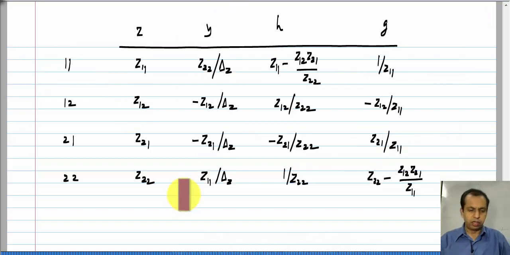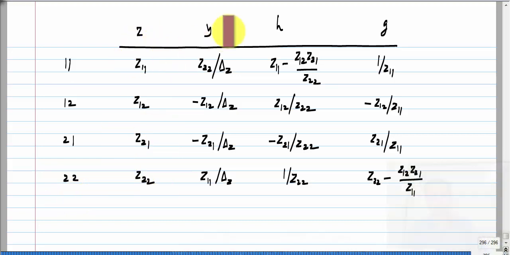Now, here I have tabulated the relationship between different parameter sets. I have listed parameter 1 1, 1 2, 2 1 and 2 2, and I have taken z parameters as my primary means of representation, and I have represented all other two port parameters in terms of z parameters.